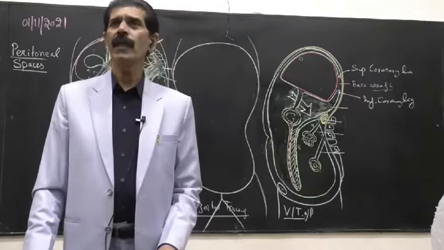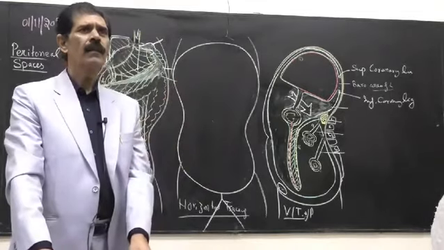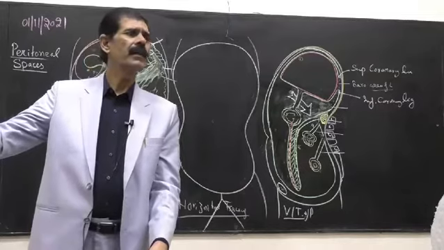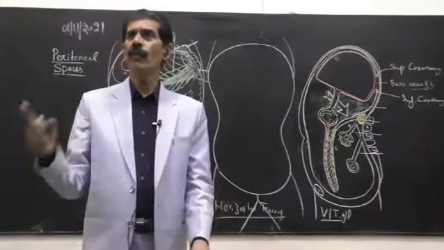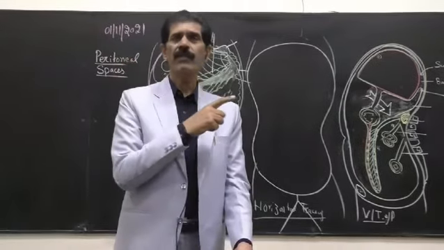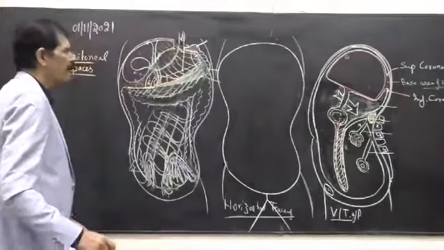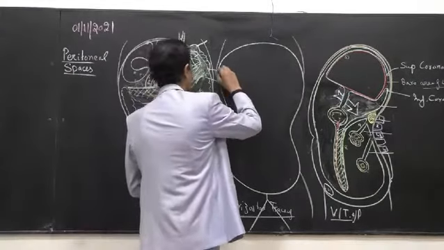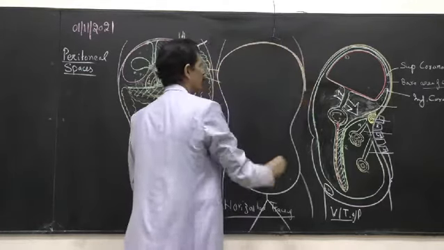So when we cut these three ligaments, then we can put the liver in the tray, and actually we will be doing this in the dissection hall. We are removing one by one all the movable organs. First we have removed the liver. So after the removal of the liver, what is the position of the abdominal cavity? This is the diaphragm. This is the diaphragm.